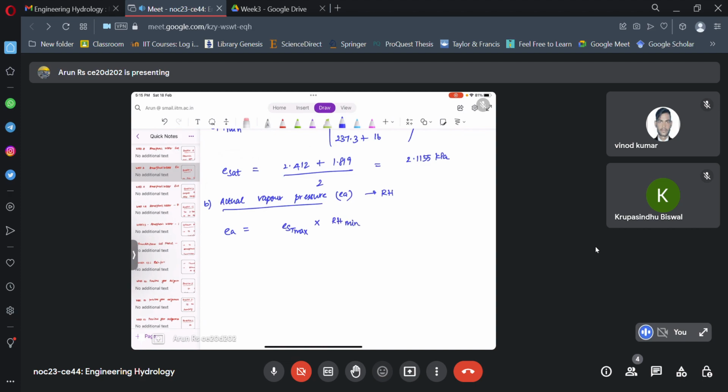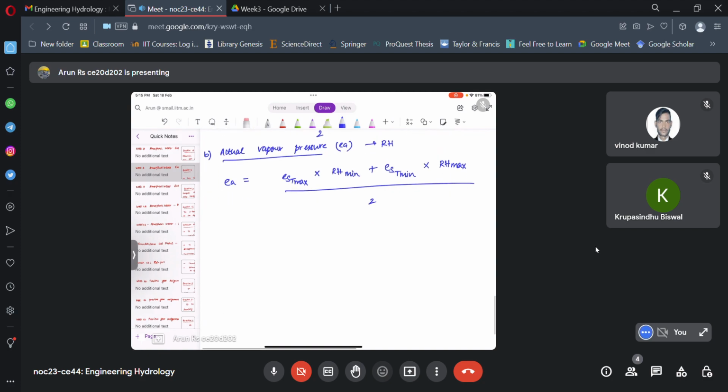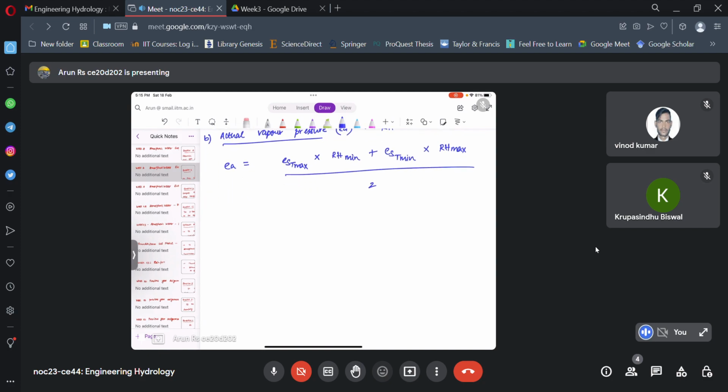As the temperature increases, your relative humidity decreases a little bit. So we are multiplying with the relative humidity minimum, and ES at T minimum multiplied with relative humidity at the maximum temperature, whole divided by 2. So we are doing some kind of a weighted average here. 2.53 plus 1.819 into 0.74 whole divided by 2. So your EA is 1.3122 kilopascals.